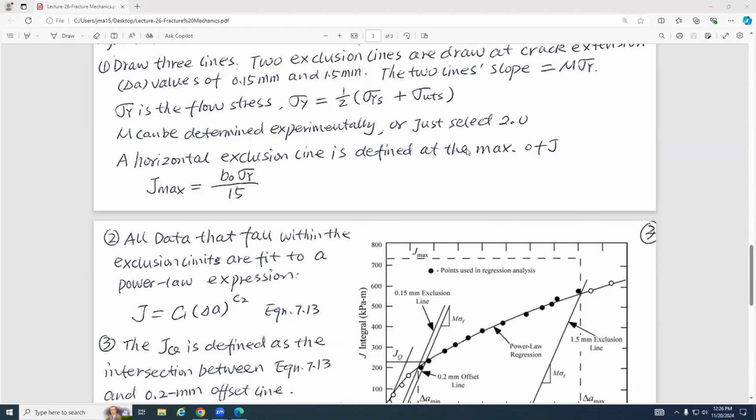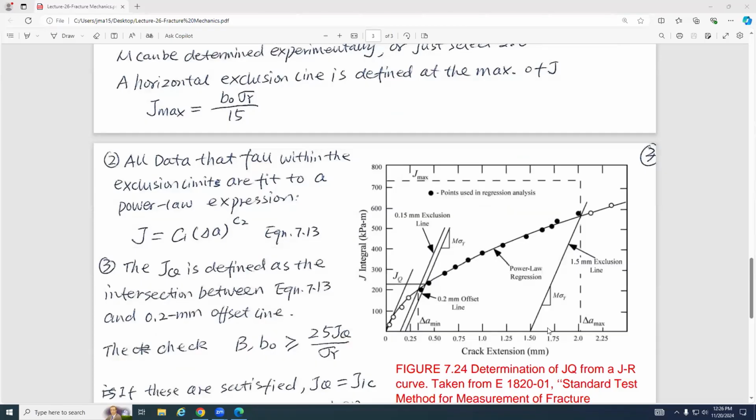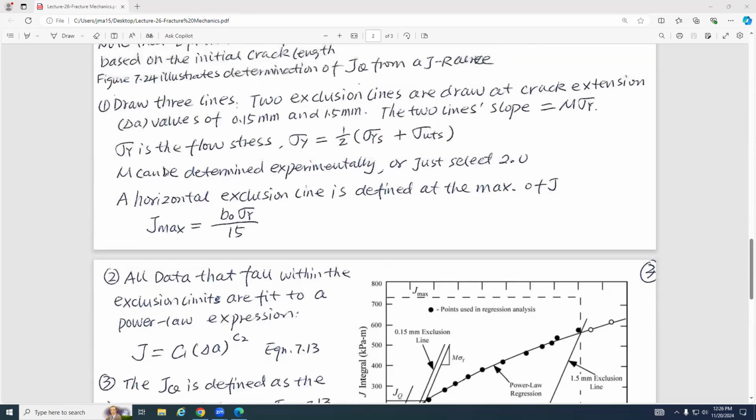After you get these two lines, this is 0.15 going here, and 1.5 millimeter going here. So this is M here. M you can determine experimentally, or you can just select 2.0.